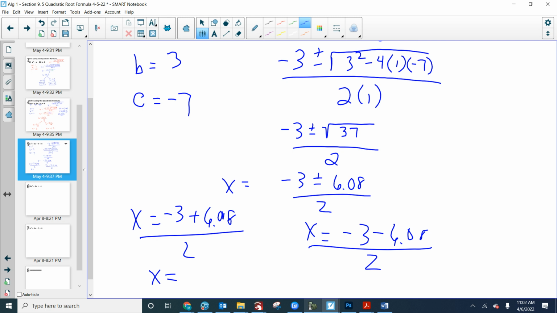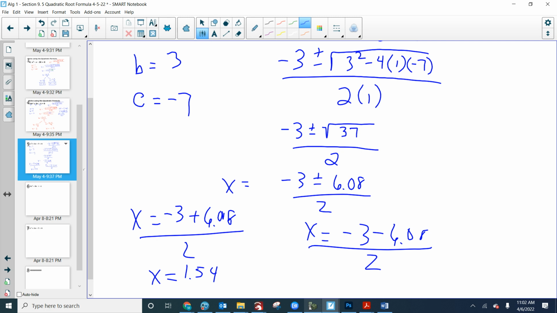I got 4.4. It's not going to be negative. I look at this right here, it's negative 3 plus 6, which is going to take us to the positive side. So it's going to be positive. What do we get? 4 point something.